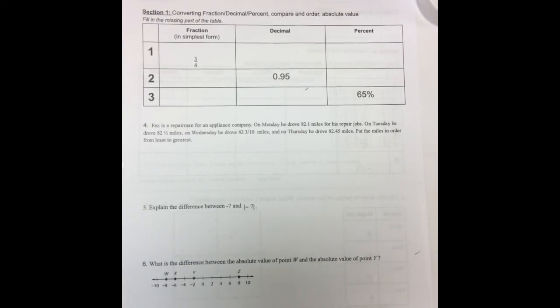For numbers 1, 2, and 3, we are going to convert the given number into the other two forms of the same number. So we're going to come up with equivalent forms given one of the types of numbers.